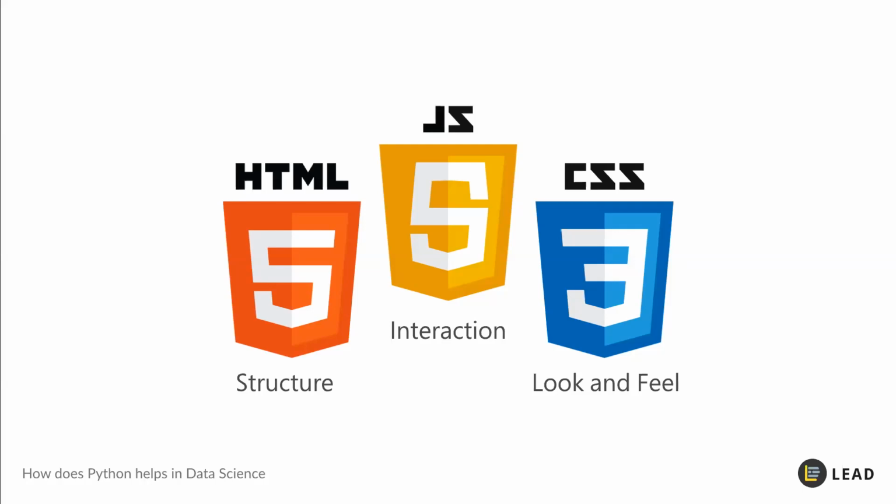And CSS is cascading style sheets. It determines how the website looks. For example, the theme, the style, the color, the font size, the font color, and anything related to theme will be handled by CSS.